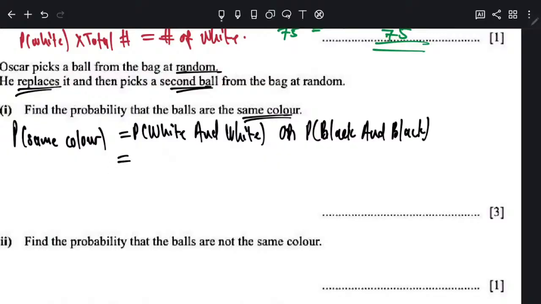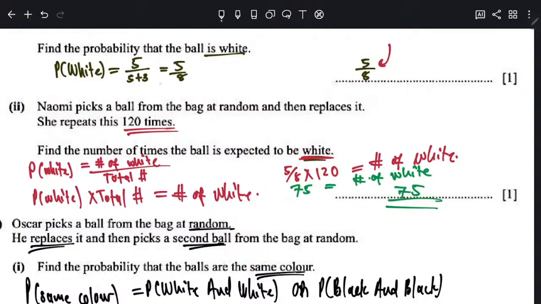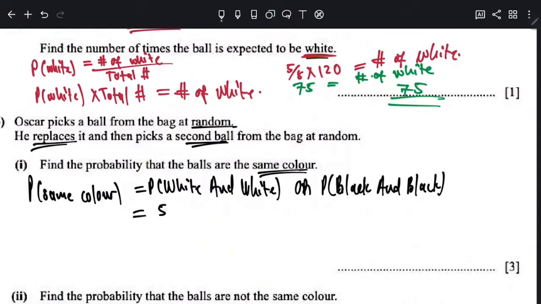Which is going to be, what's the probability of white? We got it. It is 5 over 8. Times, what's the probability of white the second time? It's still 5 over 8, because we are replacing. Or you add probability of black. If white is 5 over 8, black is 3 over 8, because they should be 8 over 8 together.